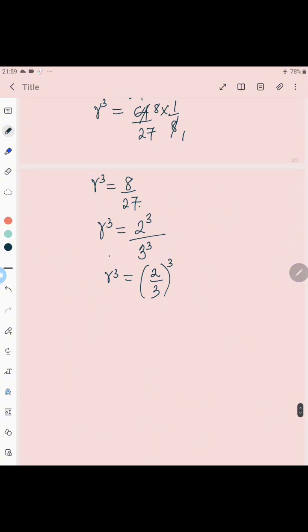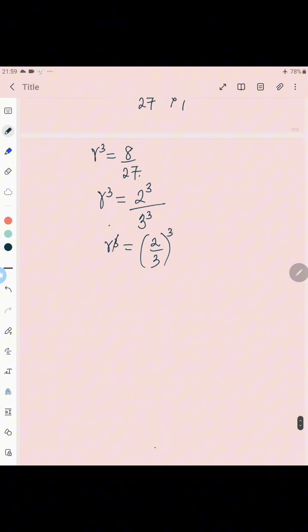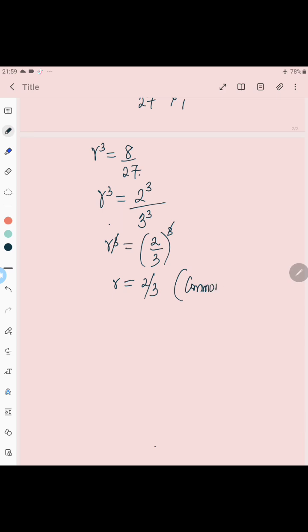So looking at this, we can see that the powers are the same, so they cancel out. We are left with R is equal to 2 over 3. So this is the value for the common ratio as asked in the question.